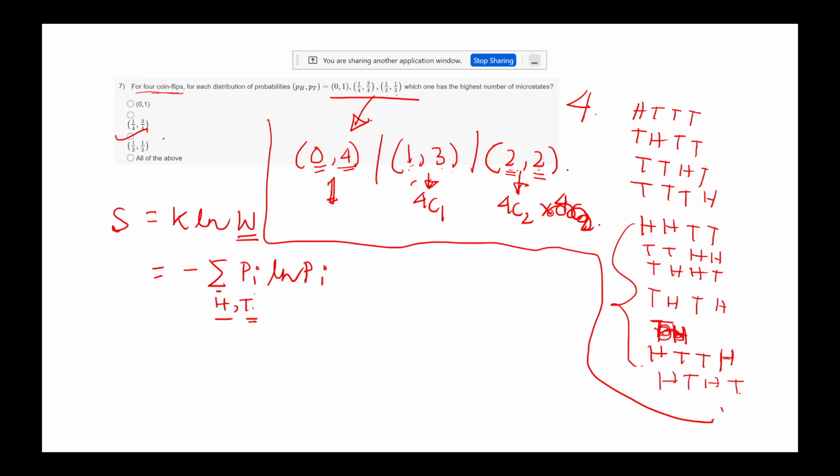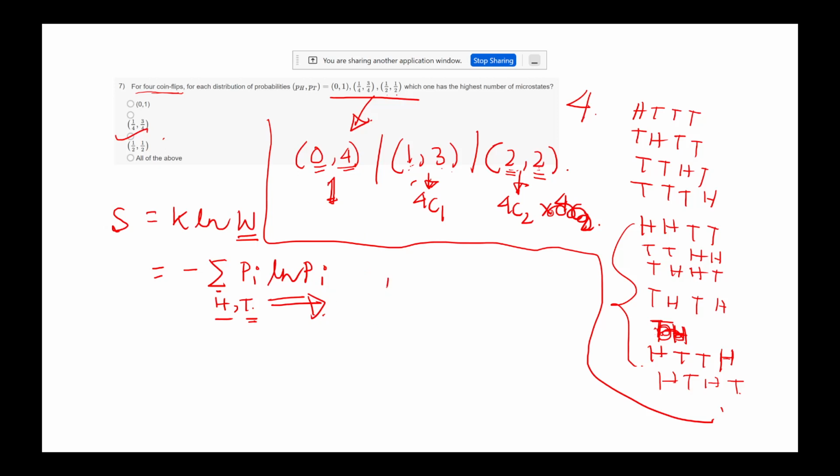Is it understandable? So the one for which this is maximum has the highest number of microstates. Do you agree? Exactly. Because the Pi are not constant, they are given here.